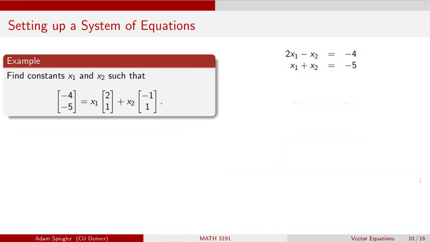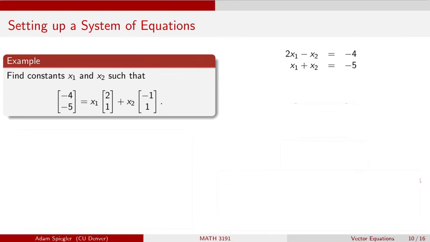So doing the arithmetic here, this right side of the equation would be 2x1 minus x2, and that should equal to -4. So that's where this first equation comes from. And then I have x1 plus x2, and I want that to equal -5. So finding these constants x1 and x2 are equivalent to solving this system of 2 linear equations.